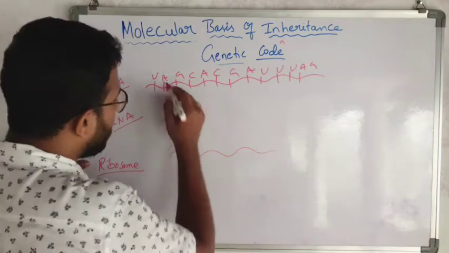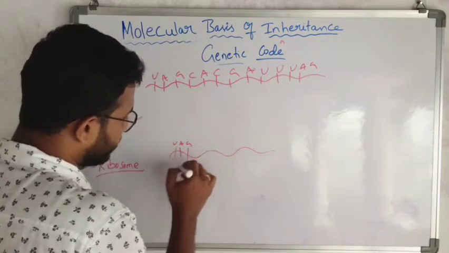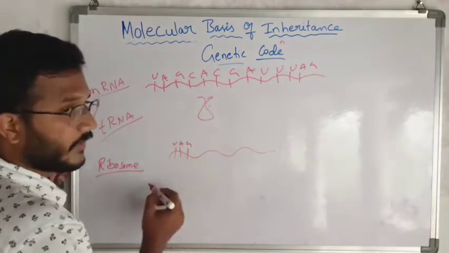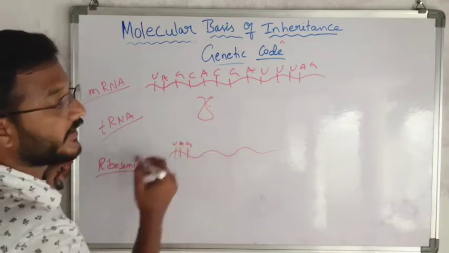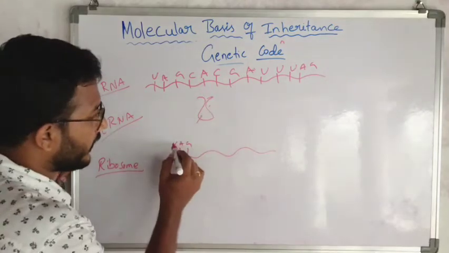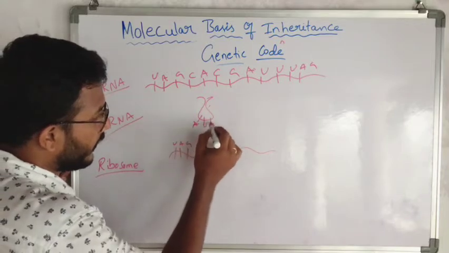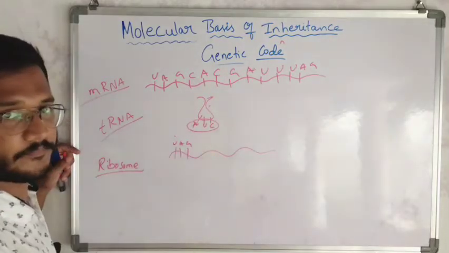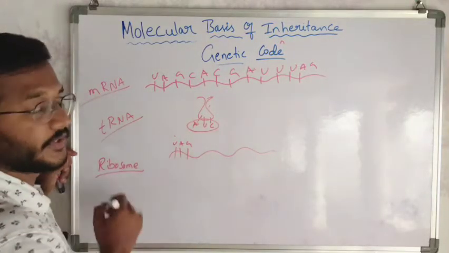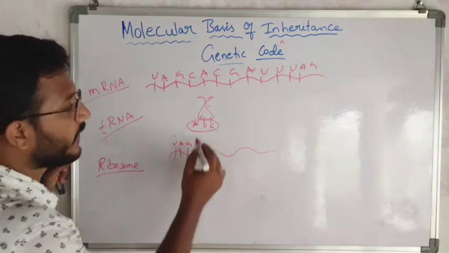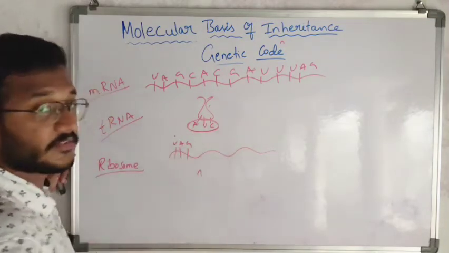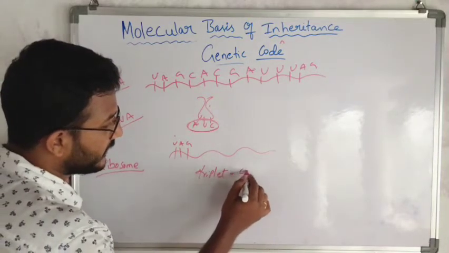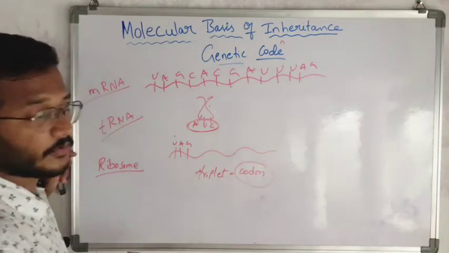So now what will happen? For example, I am taking UAG, these 3. Now the tRNA will come and bring the complement of this, for example, complementary U, A, U and C. So it brings these 3 nucleotides and attaches them here. That triplet, 3 nucleotides, is known as a codon.